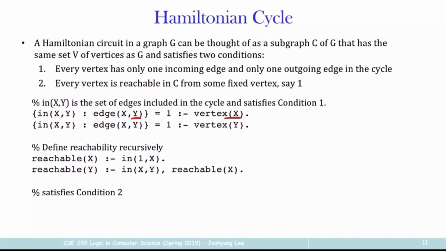The condition 2 here is every vertex has to be reachable, right? In the vertex cover, the last line was saying every edge is covered. Now this time, I'm saying every vertex is reachable. There's some common structure between these two English statements.